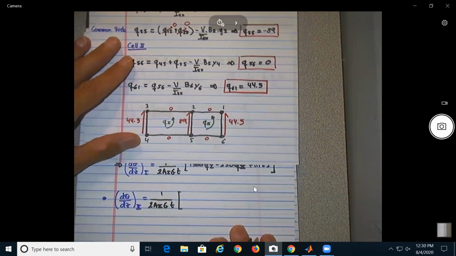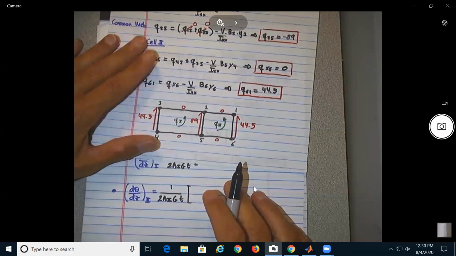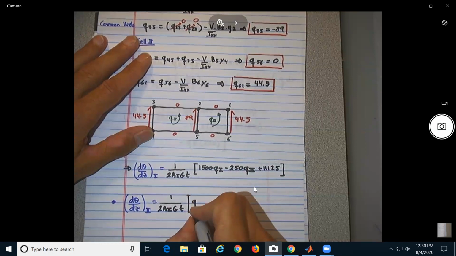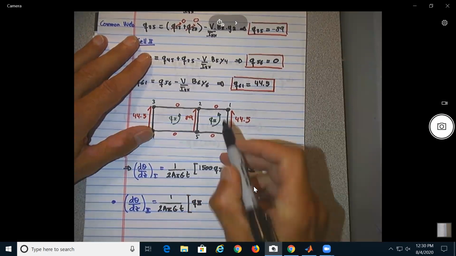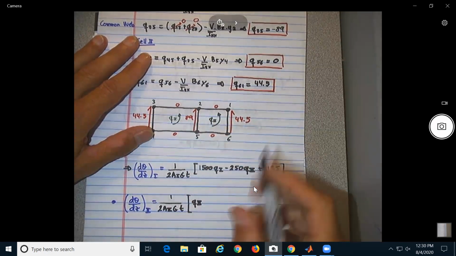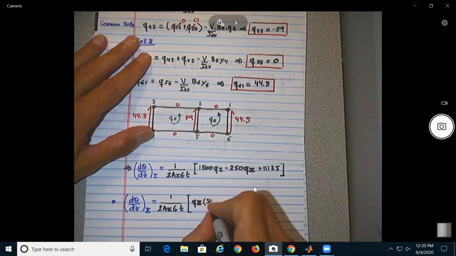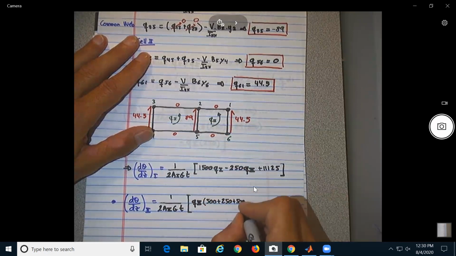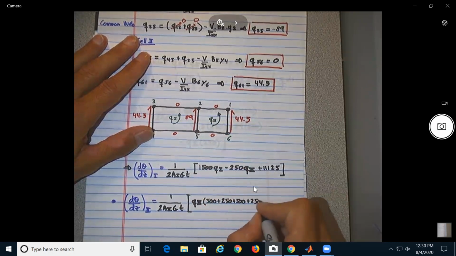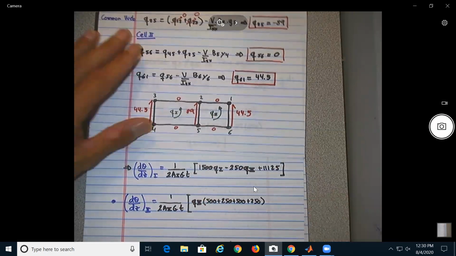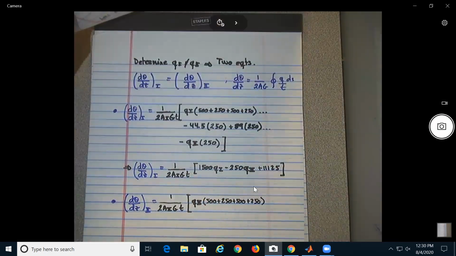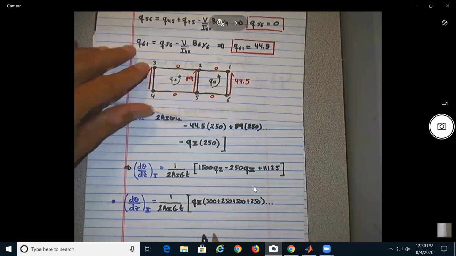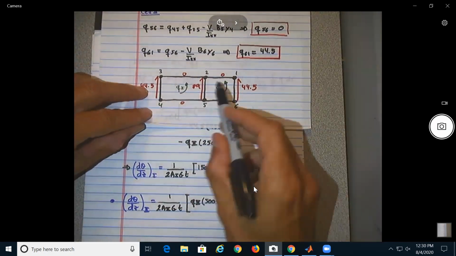So I'm first going to look at the effect of the Q sub 2. So what can I put? I can put Q sub 2. And I do the same thing. I'm going to go all around this one. So it should be 500 plus 250 plus 500 plus 250, okay? As expected. So the same as before. So I do the Q2 here.